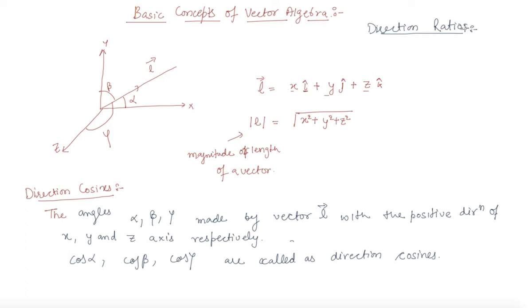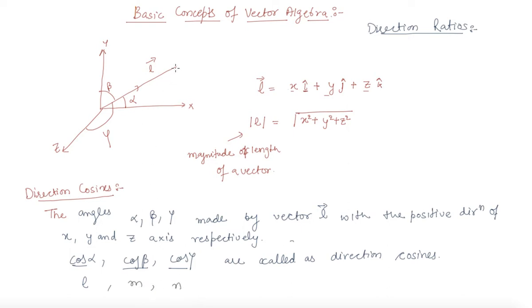Okay, so direction ratios are, students, expressed as numbers. Let me tell you, students, these cos alpha, cos beta, cos gamma are also called l, m, and n.